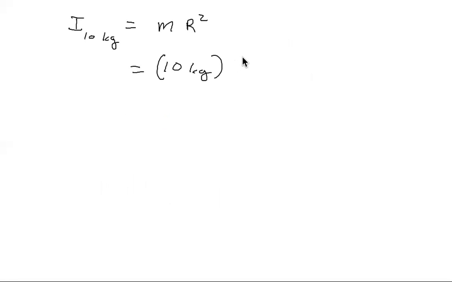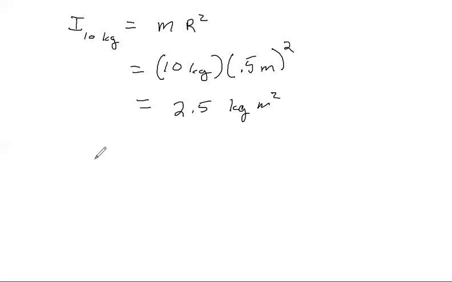If L is 1 meter, then the radius experienced by the 10 kilogram mass is going to be half of a meter, 0.5 meters squared. So this is going to be 0.25 times 10, which is 2.5 kilogram meters squared.